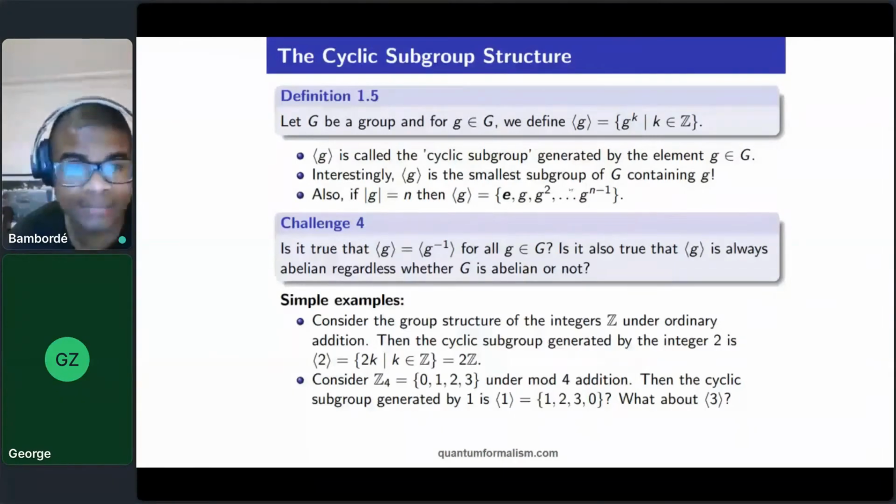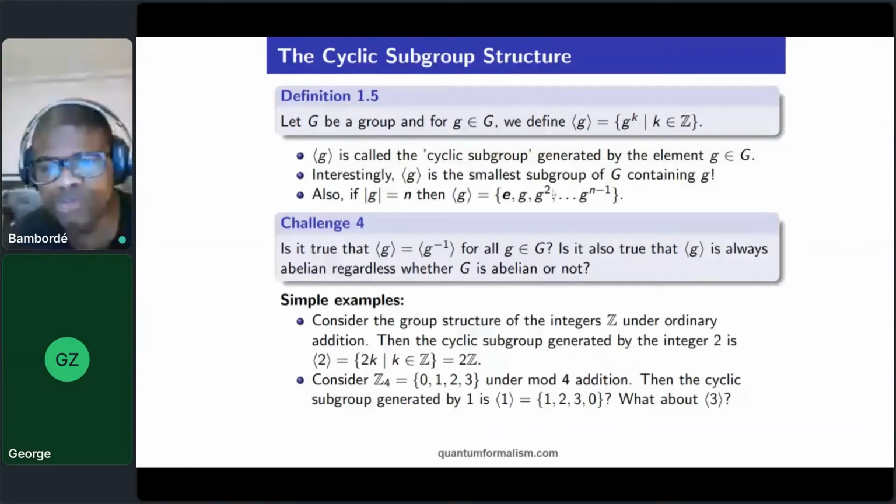And another thing, very interestingly: if the order of the element g is n, then you can actually write this group as just the identity, g itself, g to the power of 2, and so on up to g to the power of n minus 1.